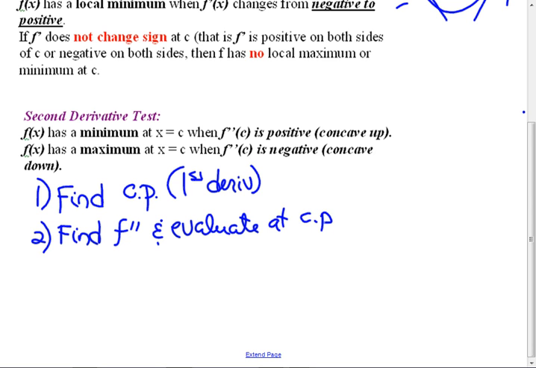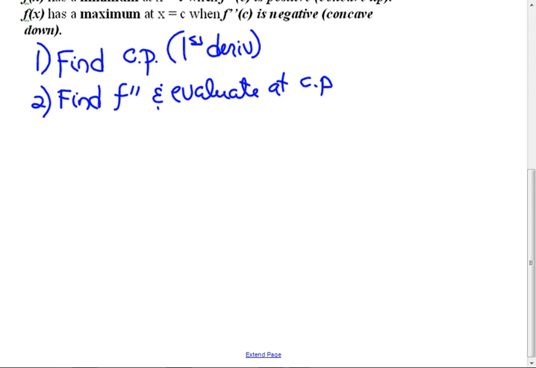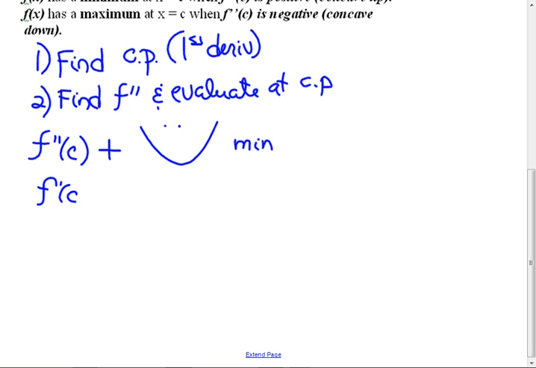Because what that tells you is whether it's a max or min, you will get a concavity. So if f double prime of c is positive, then my function would look like this. It's concave up, right? And therefore it's a minimum. If f double prime of c is negative, that means it's concave down, and that's a max, right?